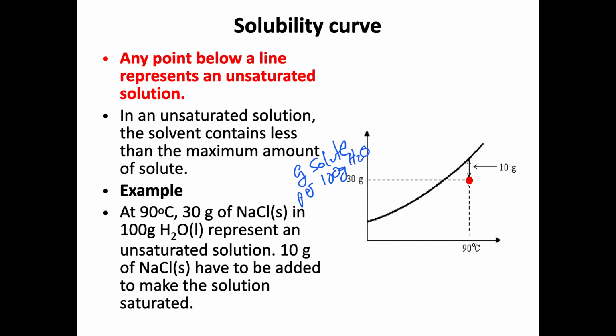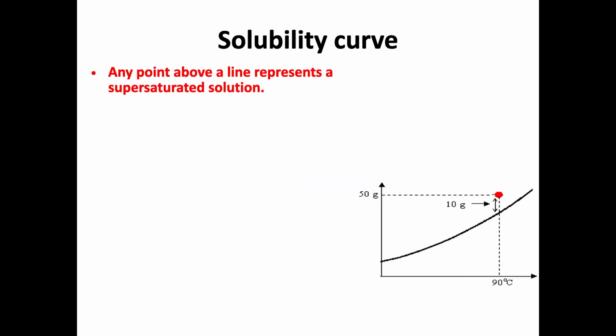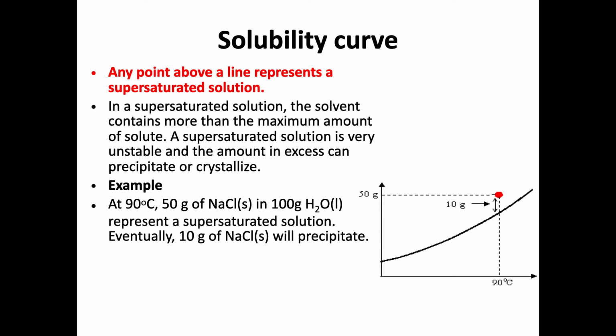So anything on the line is saturated, anything under the line is unsaturated, and you can probably guess what's above the line: that would be supersaturated. So right here, that 90 degree water with 50 grams of sodium chloride is above the line.